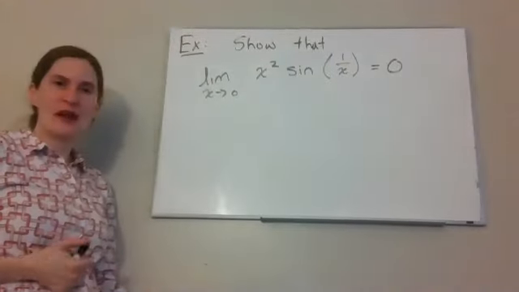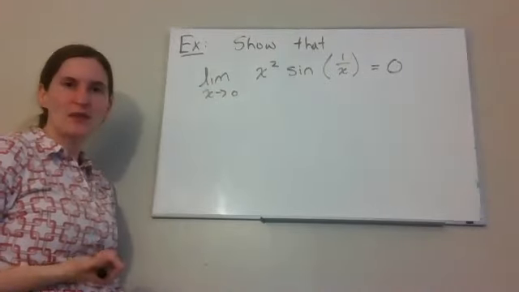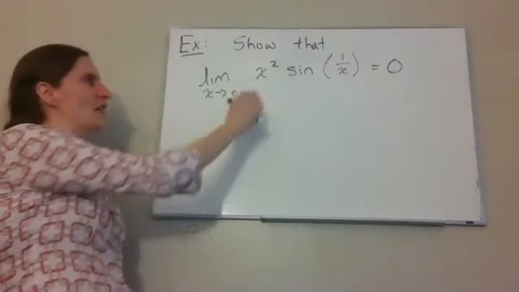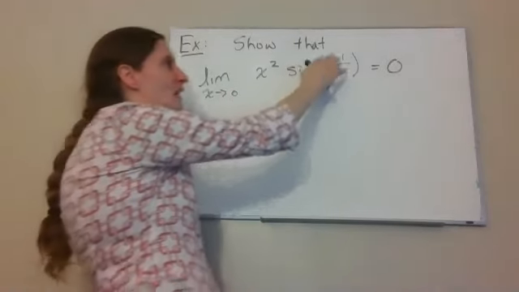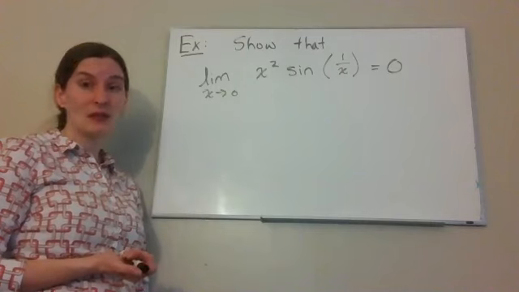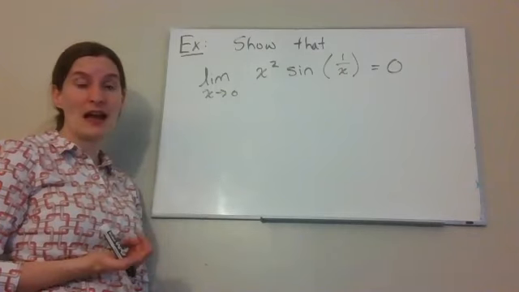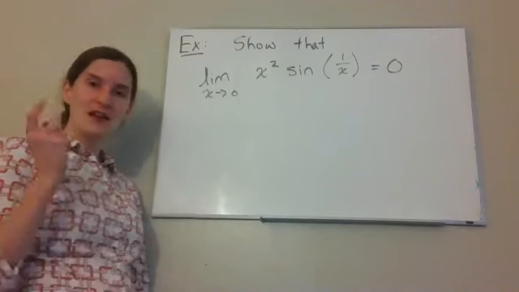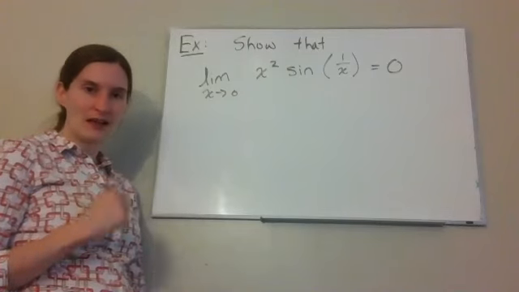If I tried direct substitution, I would have 0 squared times sine of 1 over 0, and we can't divide by 0. We don't know how to evaluate this. Factoring is not going to help, there's nothing to distribute, and there's not even a conjugate to multiply by. So we're stuck without any algebra techniques to try. This is where the squeeze theorem comes in handy.